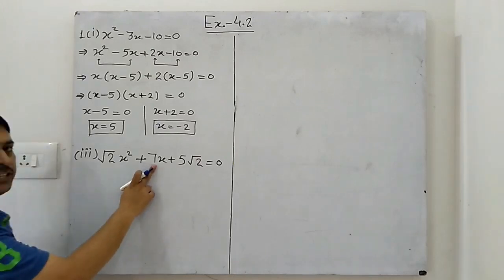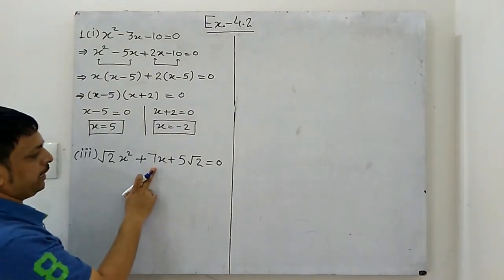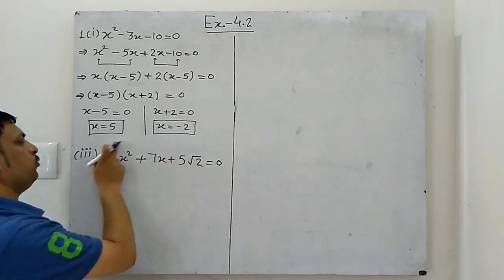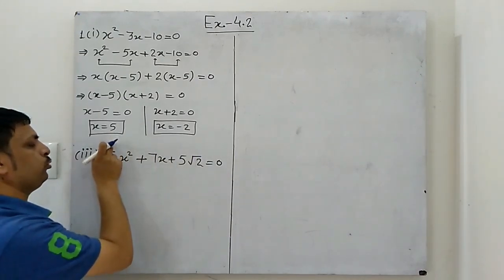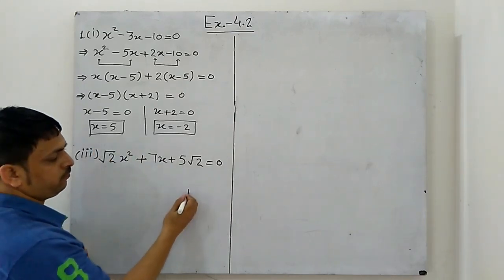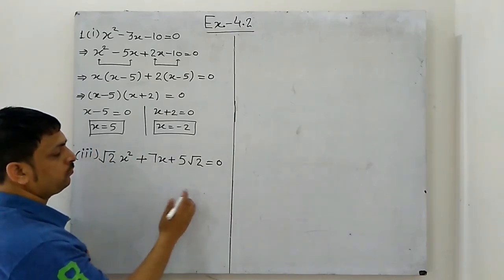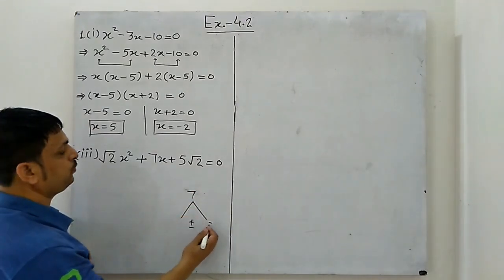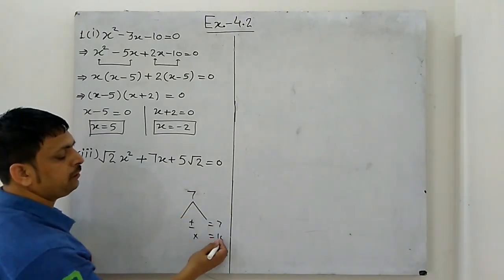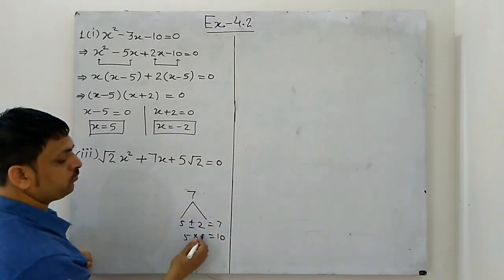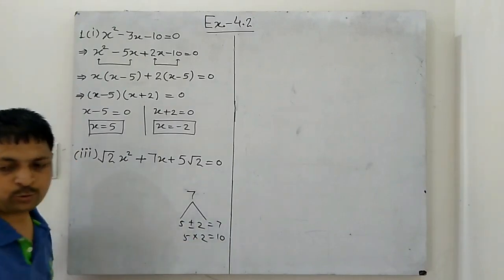Students, we have to split the 7 so that the sum should be 7 and the product of those numbers should be 5 root 2 into root 2, that is 2, 2 into 5, 10. So plus or minus, the sum should be 7 and the product should be 10. So I think it will be 5 and 2. 5 plus 2 is 7, 5 into 2 is 10.